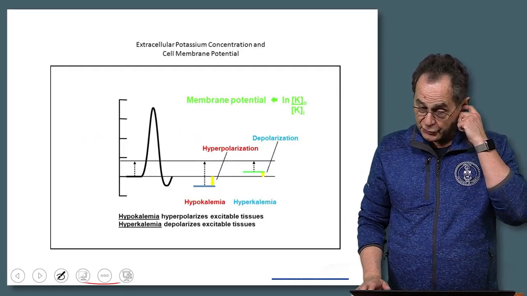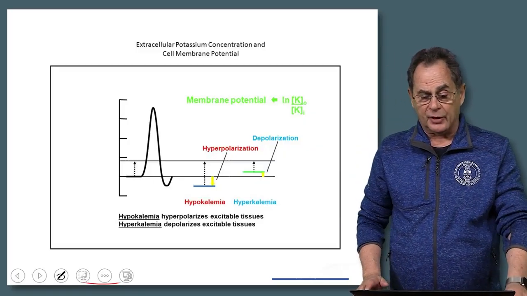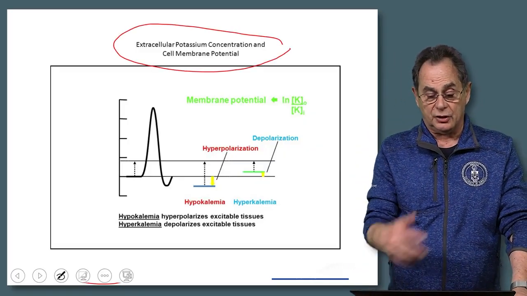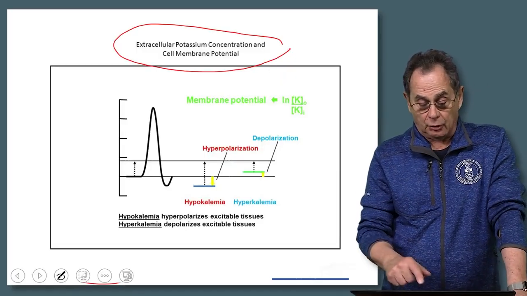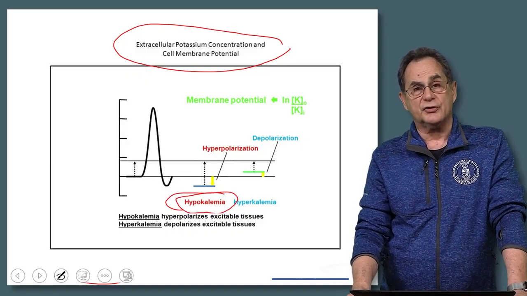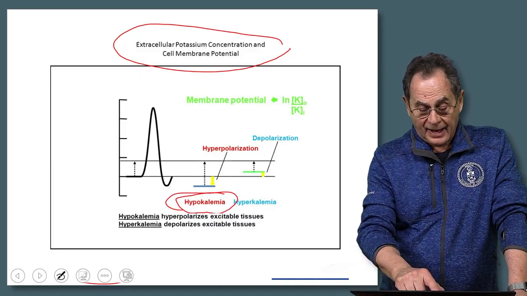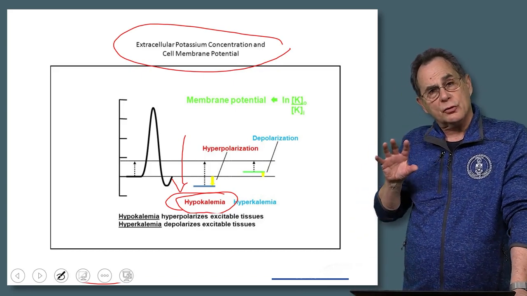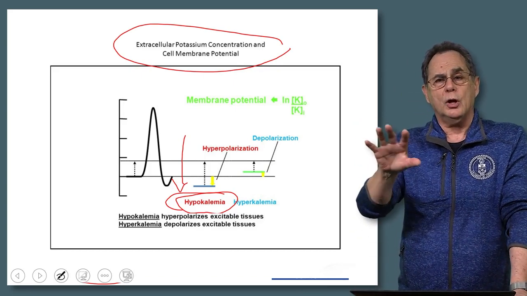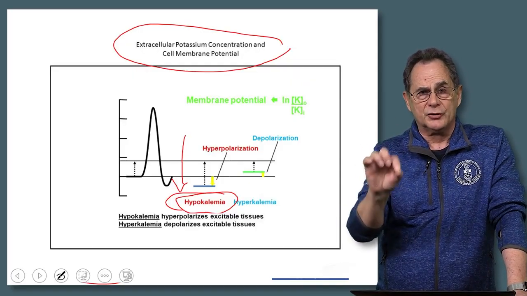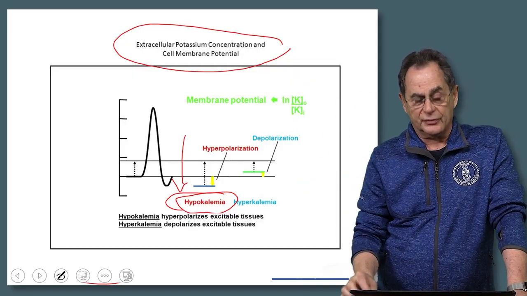What are the consequences? Well, this is shown here in a membrane potential. So this is the extracellular potassium concentration and a cell membrane potential. If you have low potassium concentrations outside of the cell, then that tends to hyperpolarize the cell. Why? Because it serves to increase even more so the gradient for potassium to leak through potassium channels from the inside to the outside of the cell.